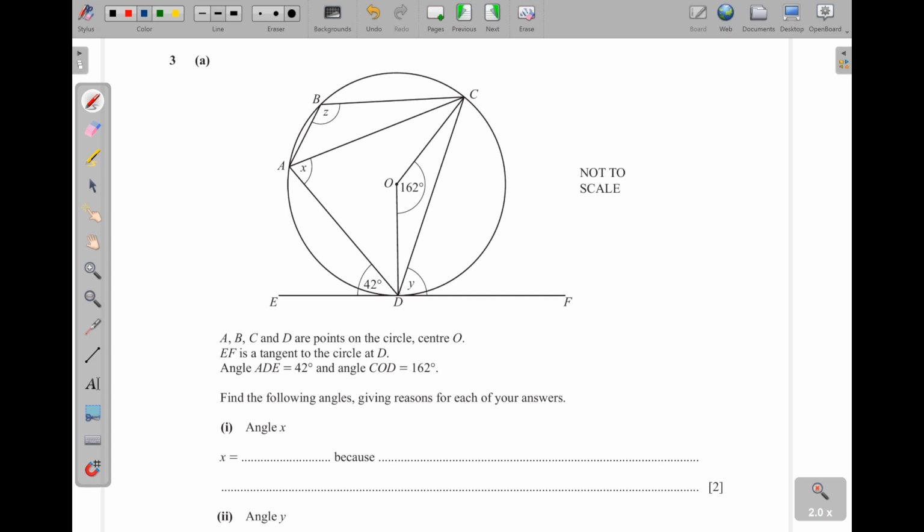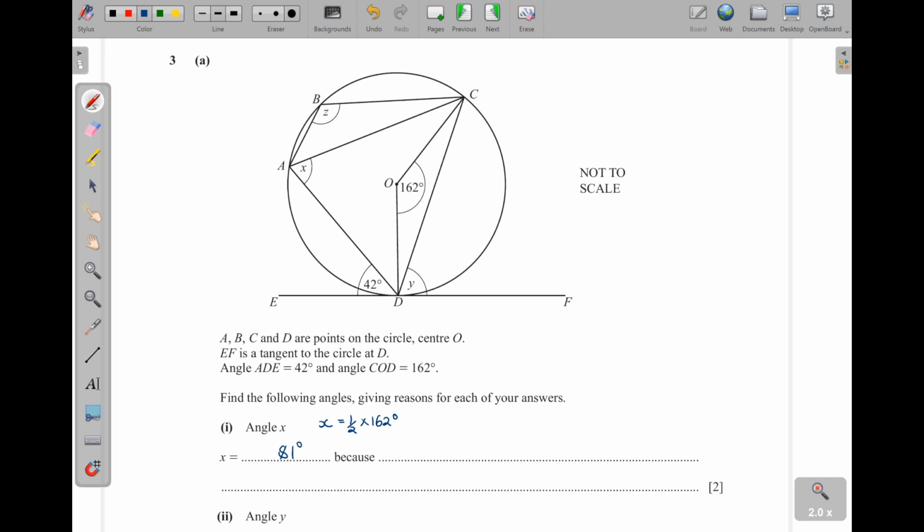Angle x here, if you look at this point D and you look at point C, then you look at this angle here at the center, 162. Then you also look at point D and this angle x formed. Don't you think that this is angle at the center and this is angle at the circumference? So that means our x is going to be a half of 162, which is 81 degrees.